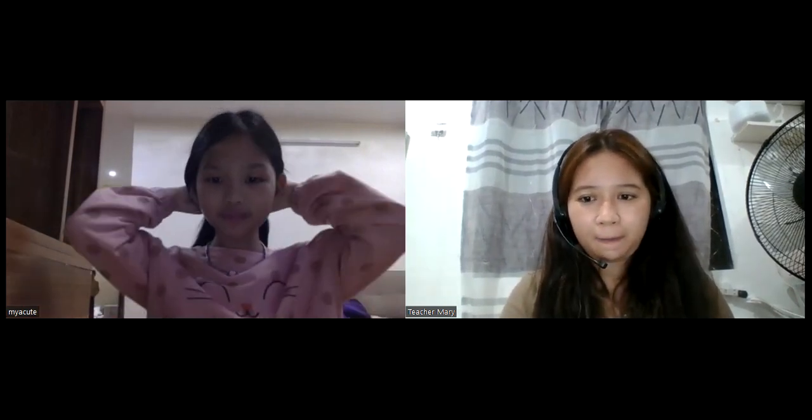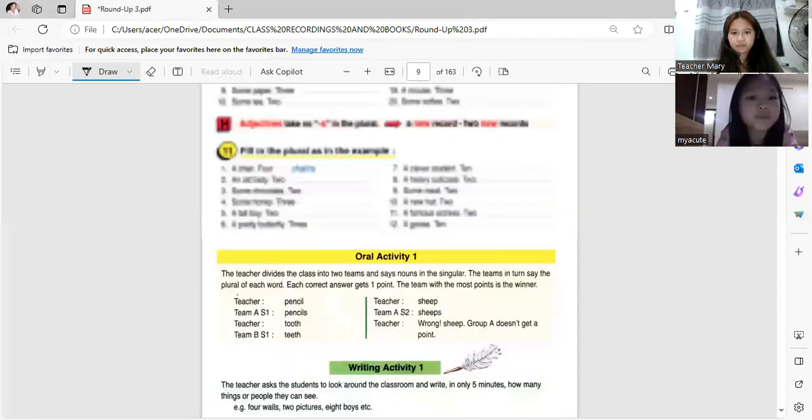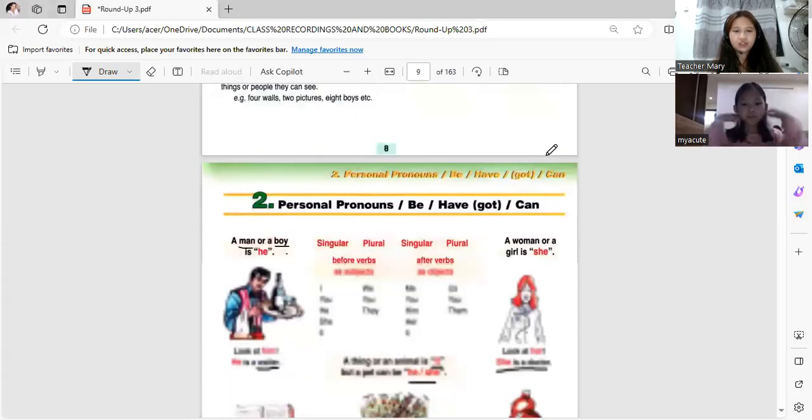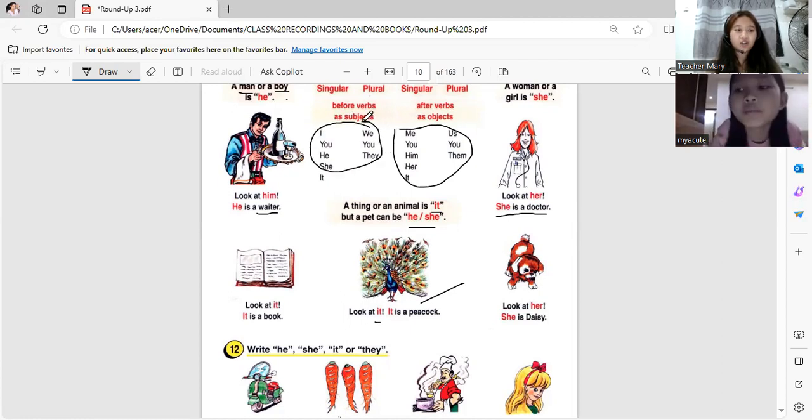Look at this one. After verbs: these are the after verbs. And these are the before verbs.